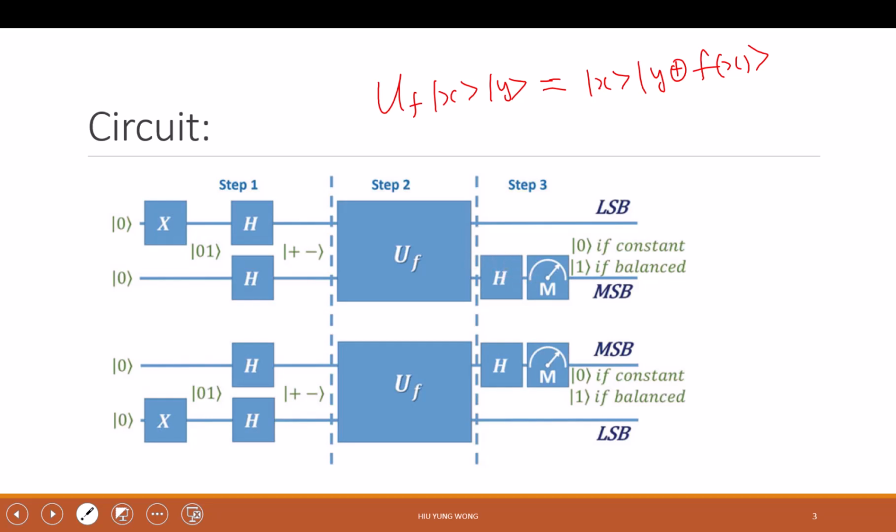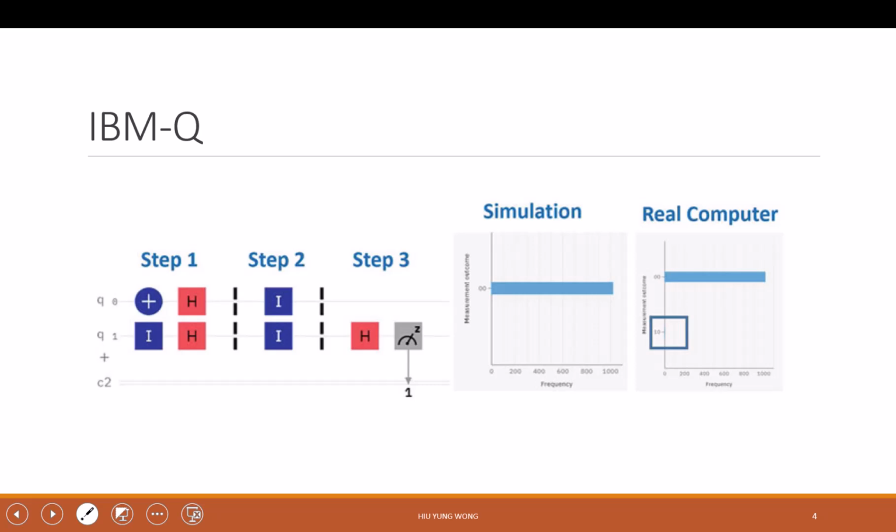If you had a plus state, it becomes 0 when you do the measurement. If you have a minus state, it becomes 1 in the measurement. Then based on this measurement, if it's 0, I know it is a constant function. And if it's 1, I know it's a balanced function. Okay? This is the circuit that I asked you to draw at the very end of the class.